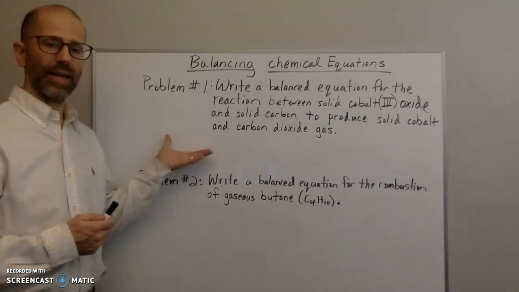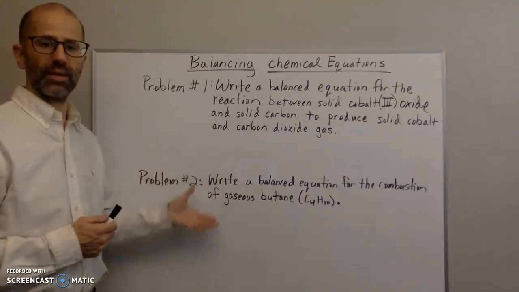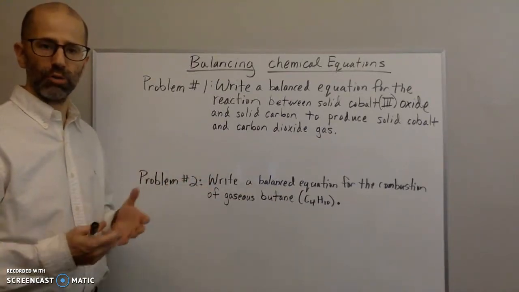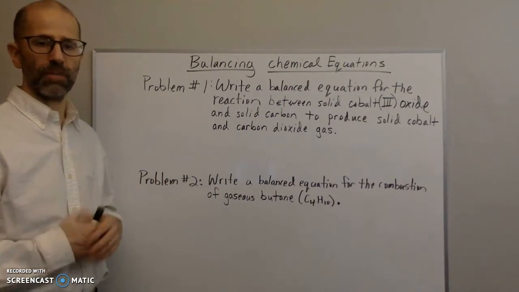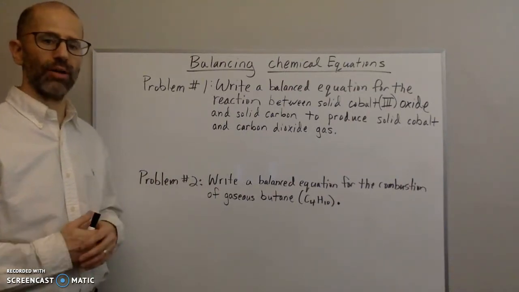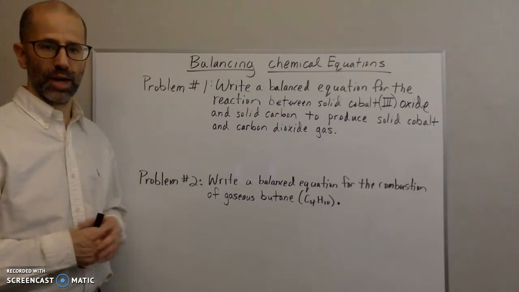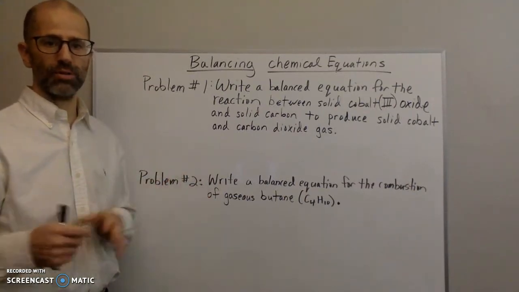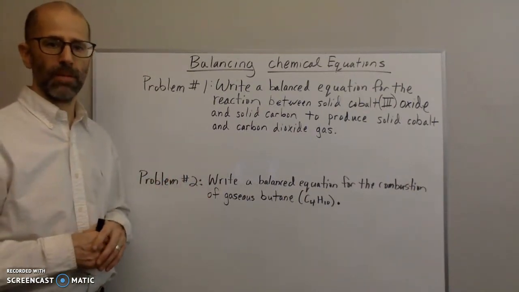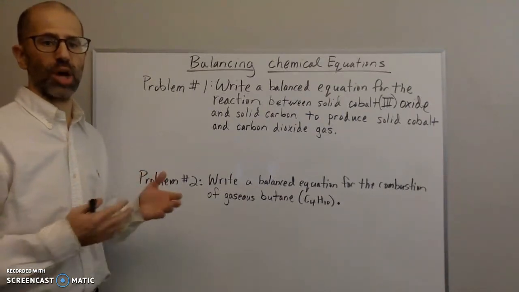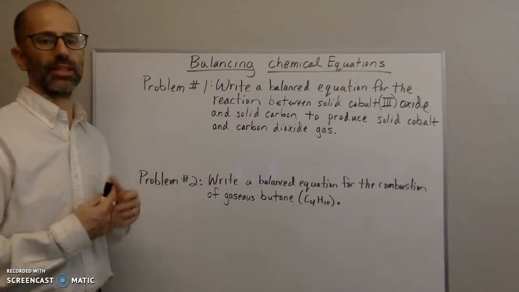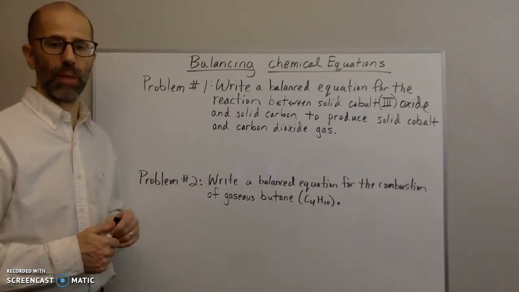However, a lot of times they'll give you a problem like these where they don't give you the equation, but you have to translate the words into an equation. So you have to know how to name the different kinds of compounds, ionic compounds and molecular compounds. If you don't know how to name those, then it's going to be hard to get the formula right, and it's going to be hard to balance the equation properly.